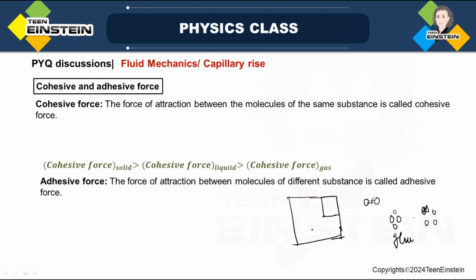For demonstration, let me take a different shape. So these two are different molecules, and the attraction between them is called adhesive force. So the force of attraction between the molecules of different substances is called the adhesive force.